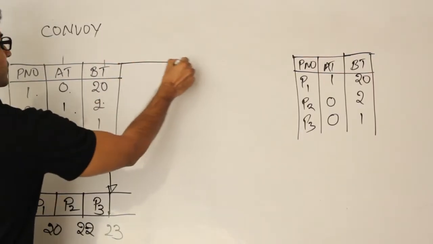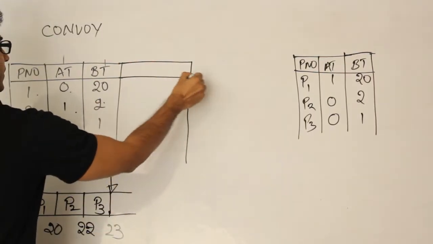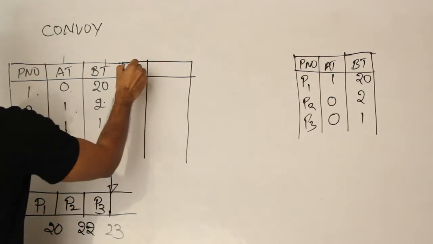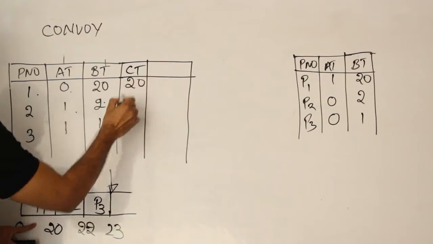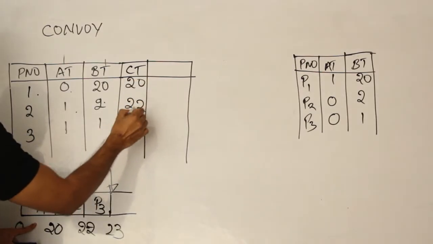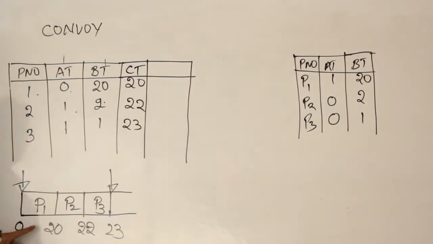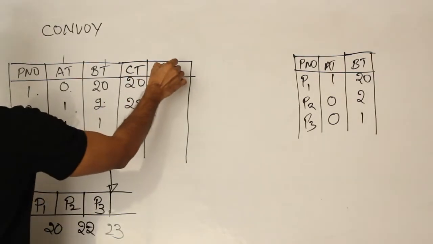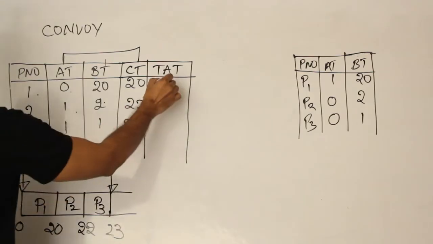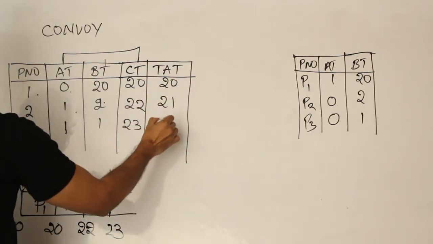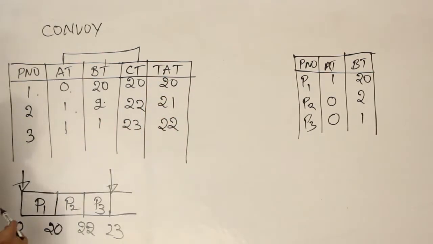Now let's write everything. One is, what is completion time? So completion time for P1 is 20, P2 is 22, P3 is 23, right? Then what is turnaround time? I told you that turnaround time is completion time minus arrival time. How much is it? 20 here, 21 here and 22 here, right?